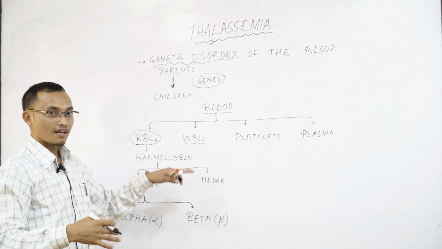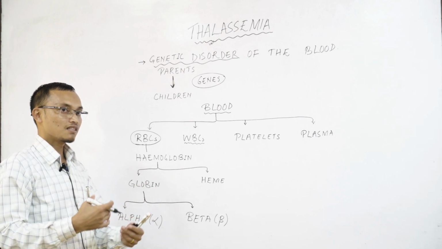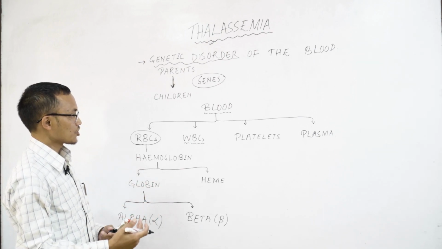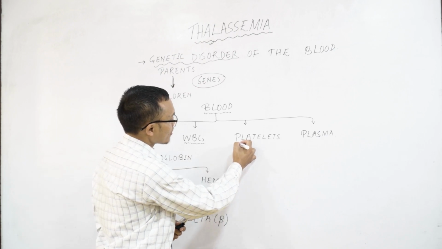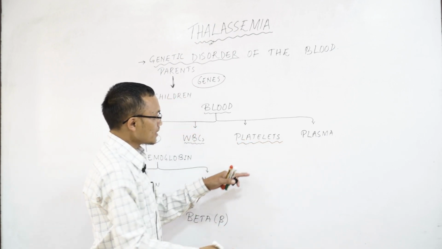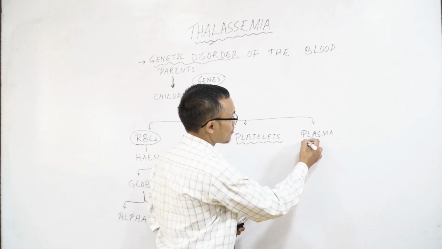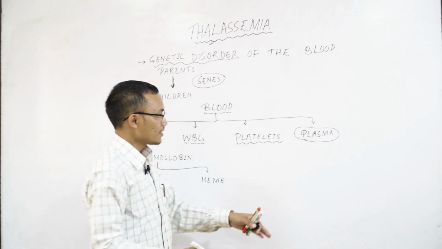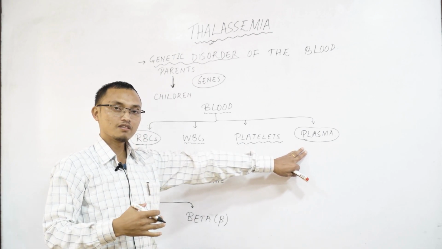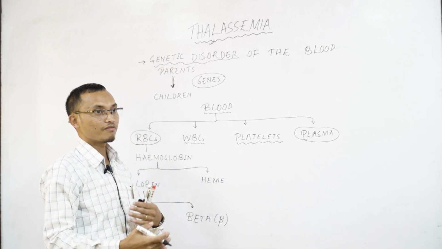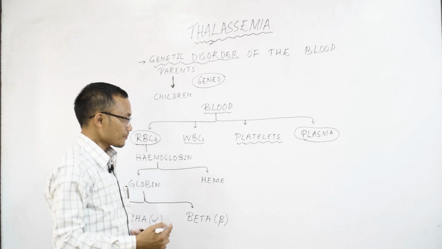These WBCs help to fight against diseases and protect us against infections. Another component of the blood are the platelets. Platelets help the blood to clot. And the liquid portion of the blood is called the plasma. Inside the plasma, we have the different components which help in the normal functioning of the body.